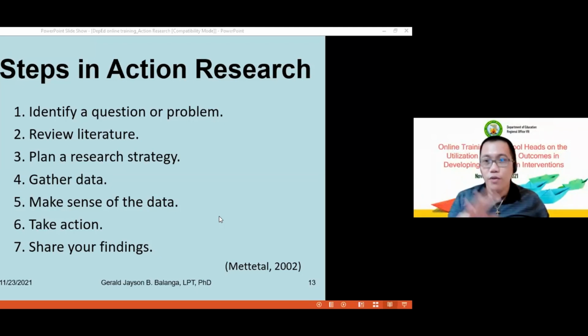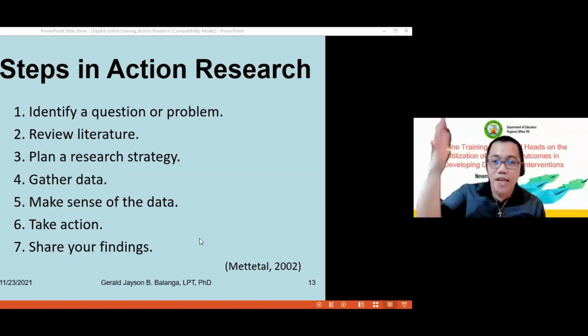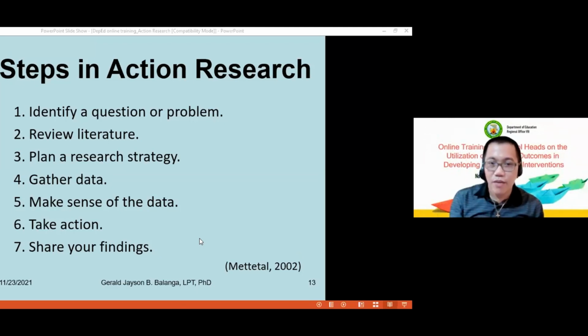But usually, if you just compare two means, you use t-test. I'm sure you have heard about t-test. So make sense of the data. Then take action, meaning implement the intervention. Share your findings.